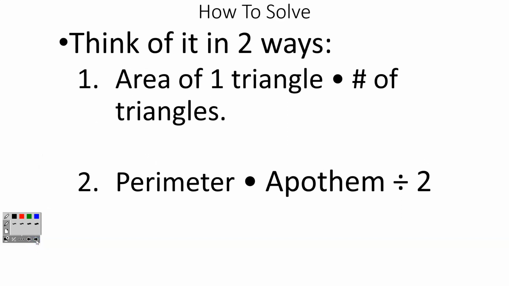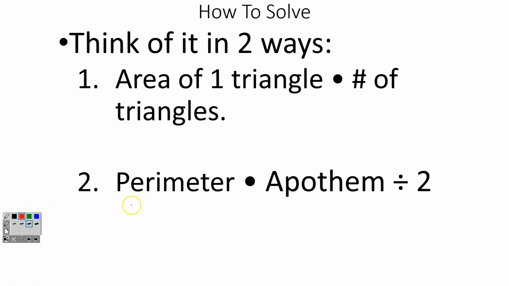To solve a polygon, you have to do it one of two ways. Either you can break them up into triangles, find the area of one triangle and then times it by the number of triangles, or you can do perimeter times apothem divided by 2.